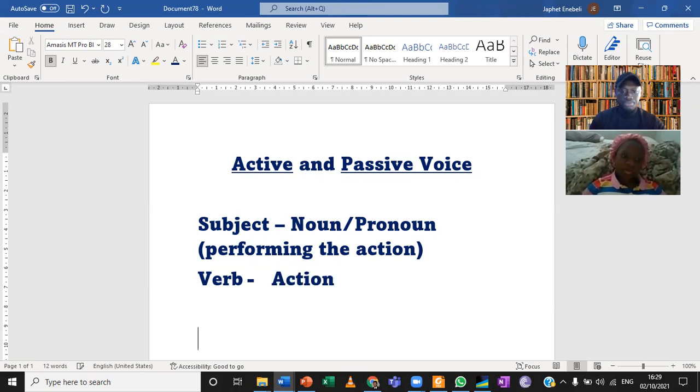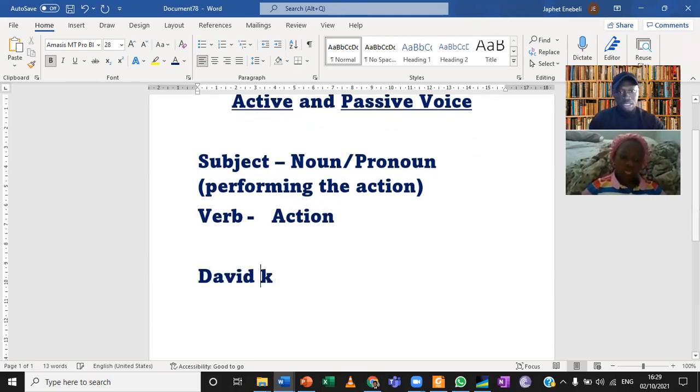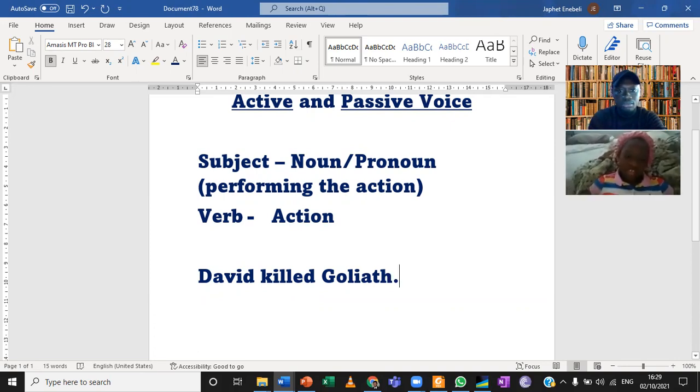Good. Now, if I say David killed Goliath, can you point out the subject and the verb for me, please? The subject is David, and then the verb is killed.